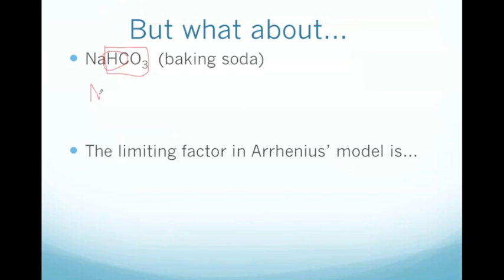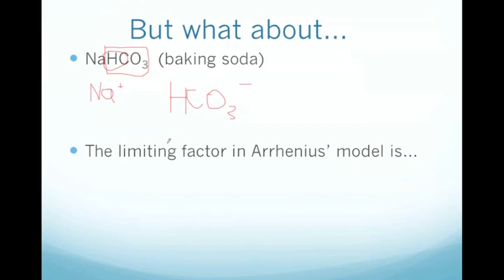So if you separate this into ions, it's actually going to be Na plus, and then it's going to be HCO3 minus. Okay, so based on this, baking soda is not an acid and it's not a base.